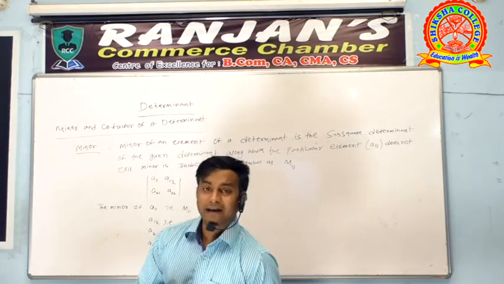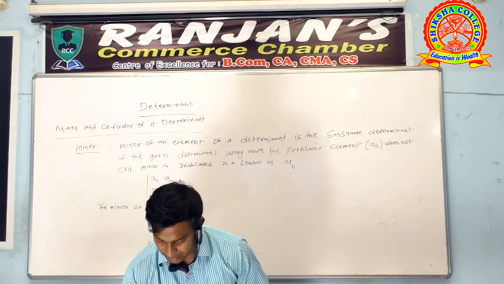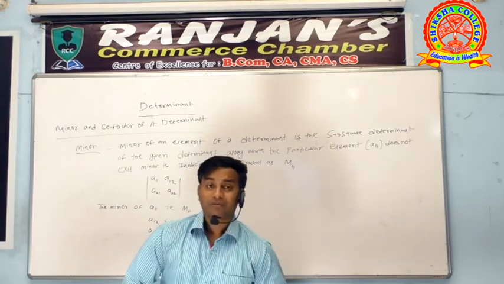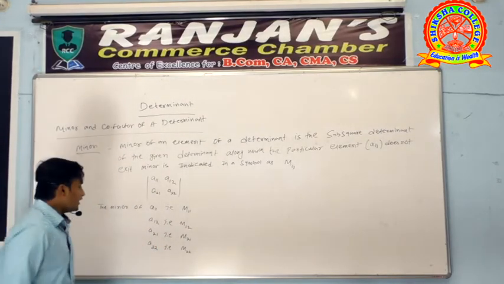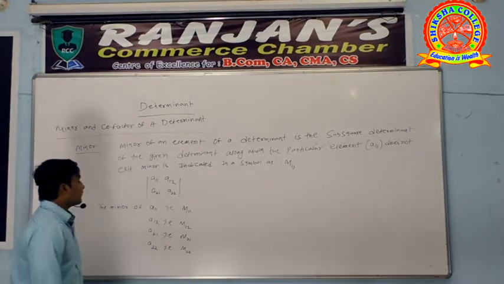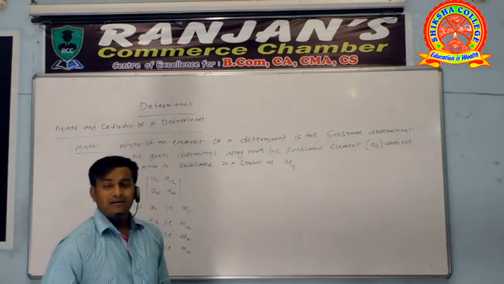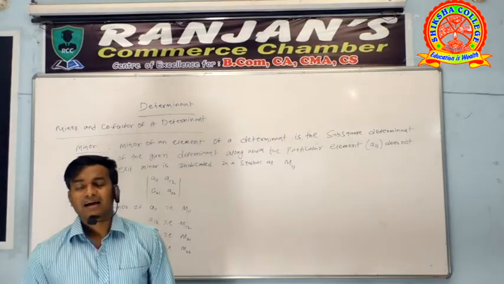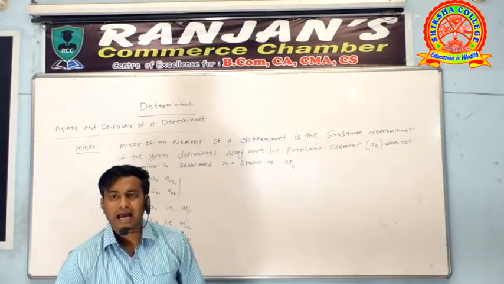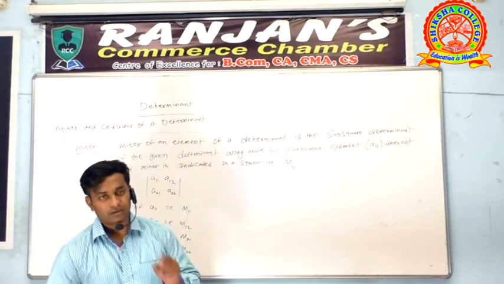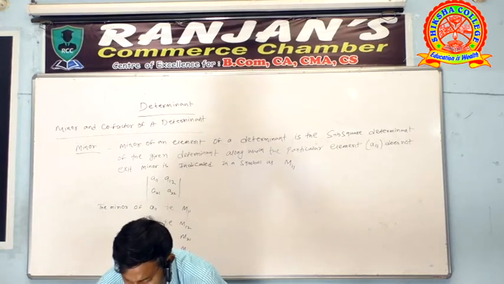The minor of A11 is... Okay, please note here that a minor is indicated as Mij. Mij means i is the position of the row and j is the position of the column. Clear?